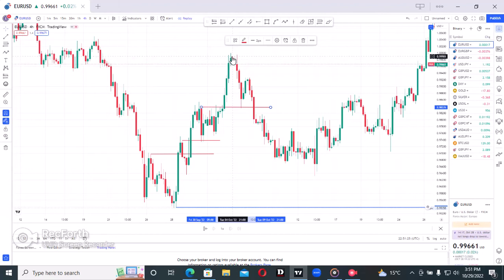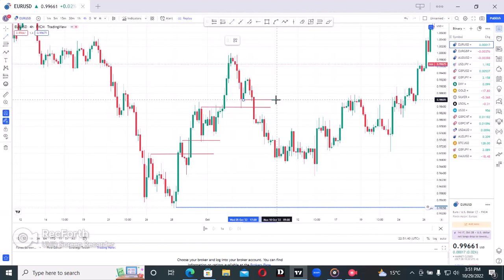We have a resistance right here, and then the market moves in the down direction. We retest here, move in the up direction, and then we continue to move down.